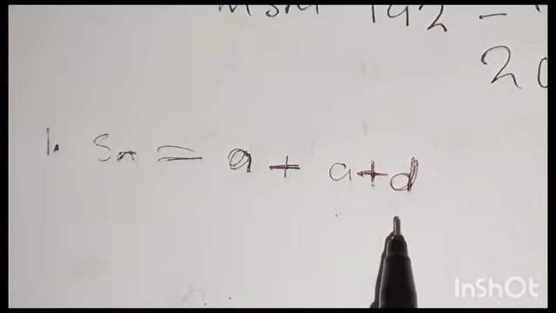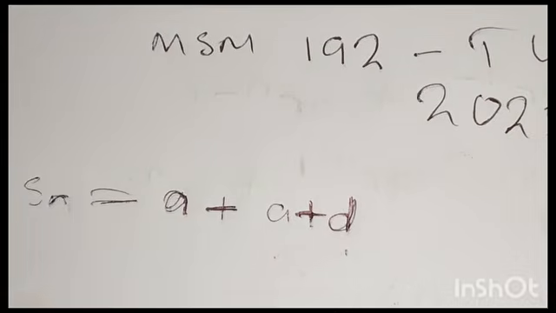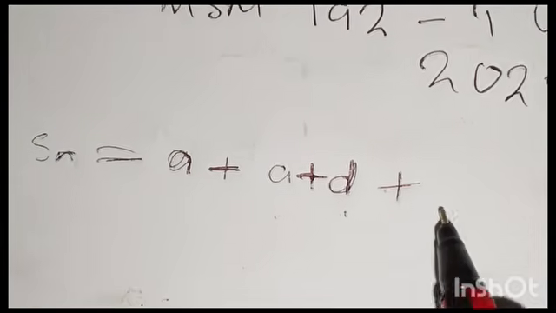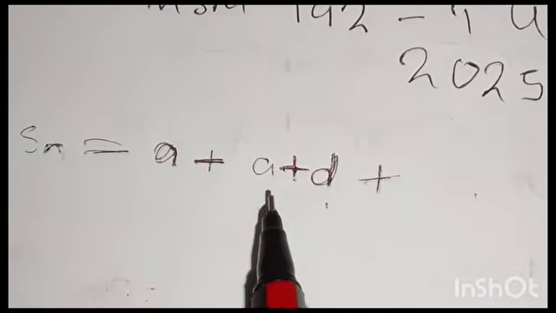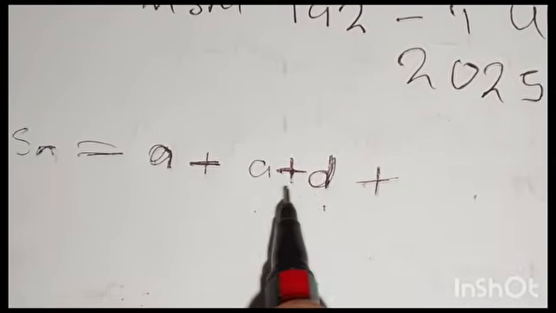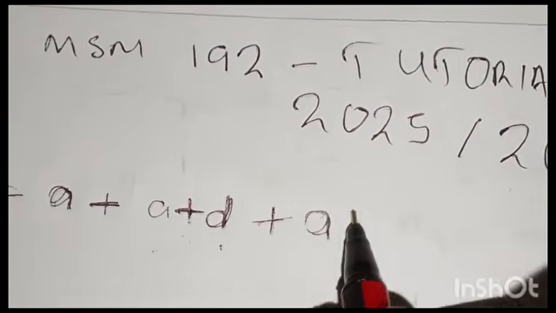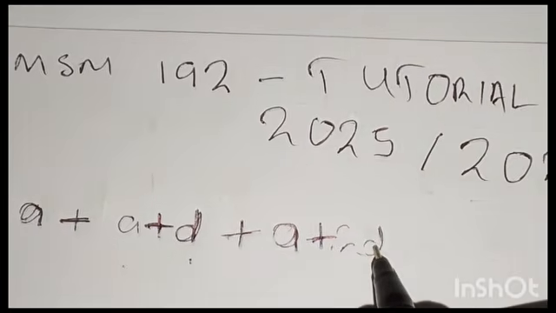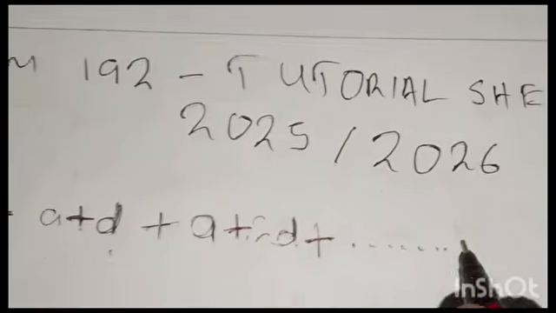So for the second term, I add the common difference to the first term. Then plus, we add the common difference to the second term to get the third term. So we have A plus D, plus D, which gives A plus 2D. Then plus, this carries on over and over again.